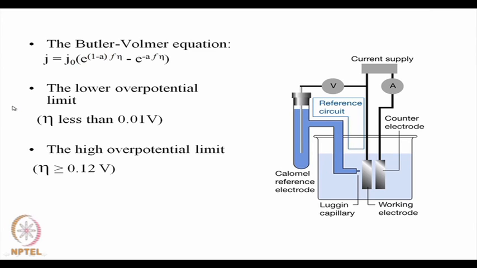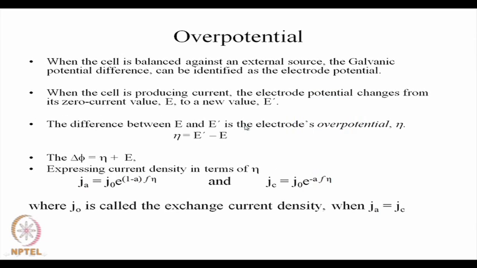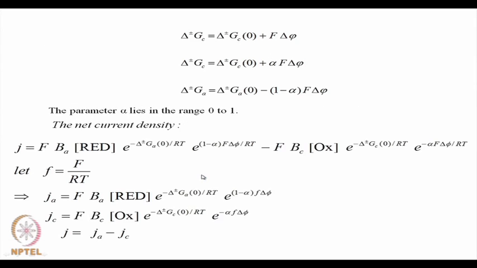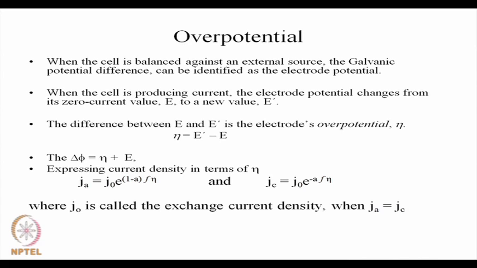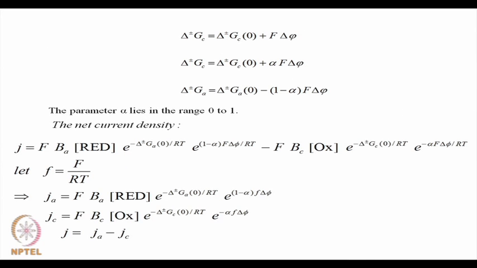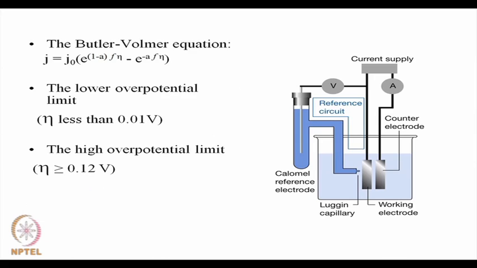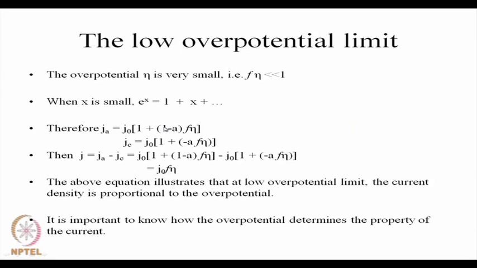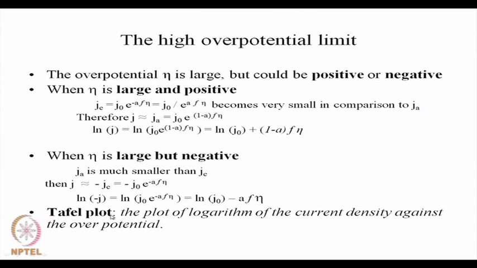So, again let us go back to Butler-Volmer. From Butler-Volmer, using the high overpotential limit, you have reached this plot, that is the ln plot against overpotential, and this is called your Tafel plot.